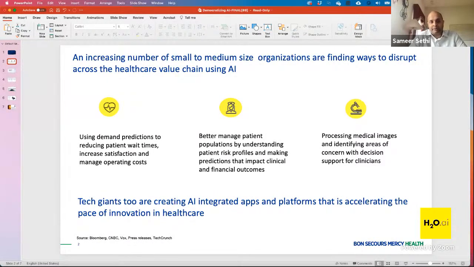The opportunities are immense. What is encouraging is that this sentiment is shared across the healthcare IT sector, and organizations both small and large are doing something about it.